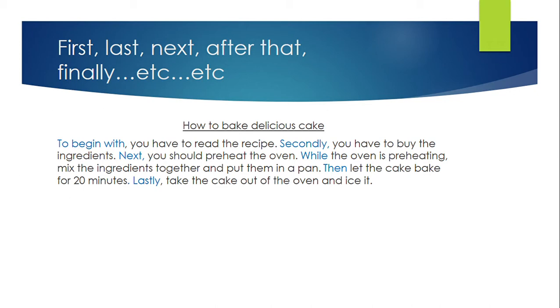So at the place of first we have used here to begin with, and last I have used secondly, next you have used next, after that you have used while, and then finally you have used lastly. So you can use to begin, next, secondly, next, while, then, lastly in place of first, last, next, after that, finally, etc.